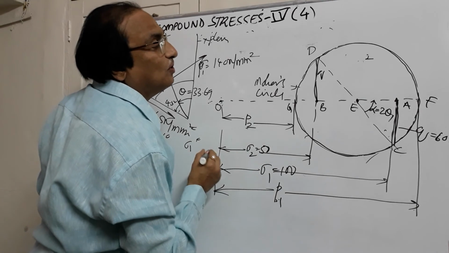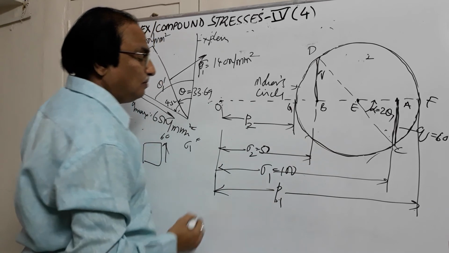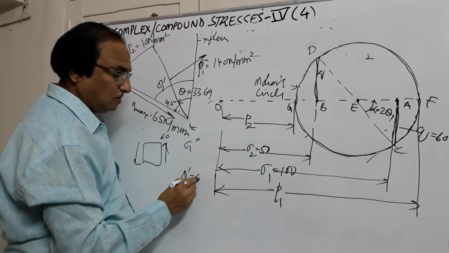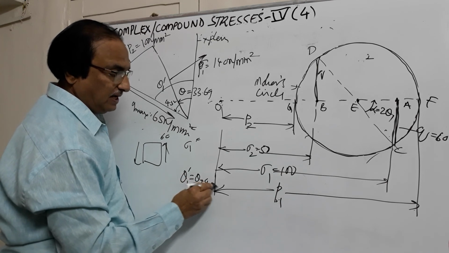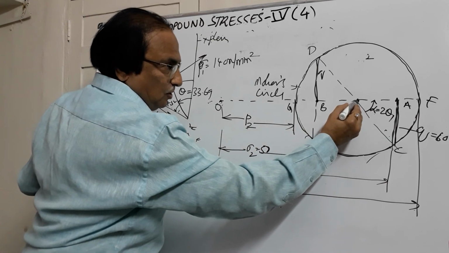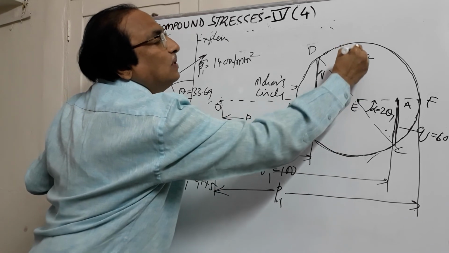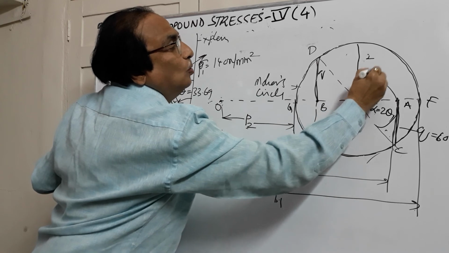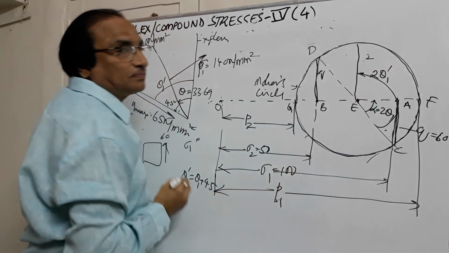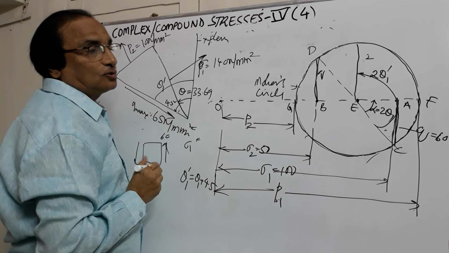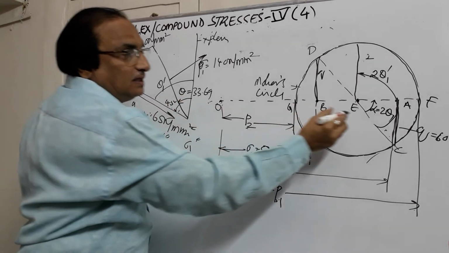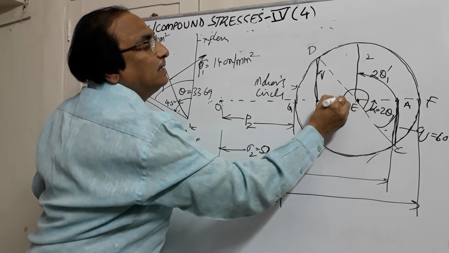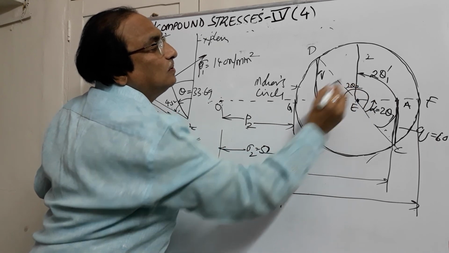Now if you want to locate the maximum shear stress, the maximum shear stress is at an angle of theta 1 dash, which is equal to theta 1 plus 45 degrees. So you have got already theta 1. So if you add 45, you get this value as 2 theta 1 dash. So like this, there are two planes. These are first planes and there will be second plane, 2 theta 2 plus 180. So this will give 2 theta 2.